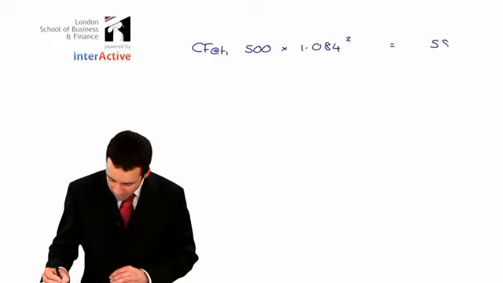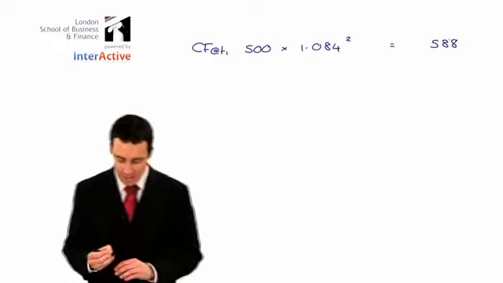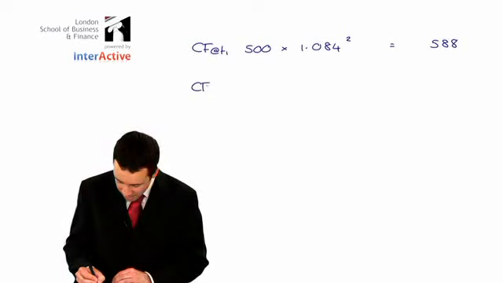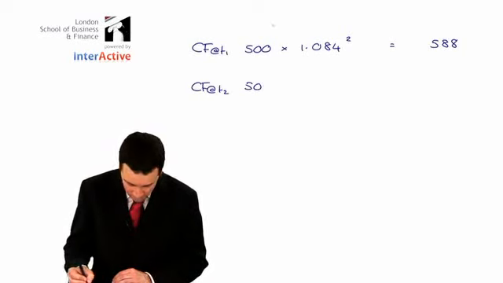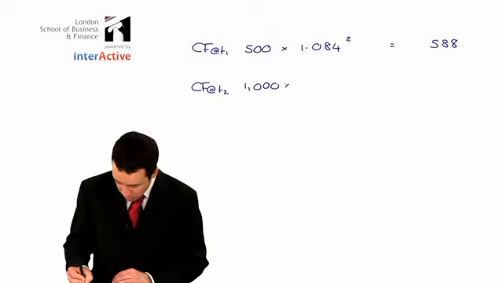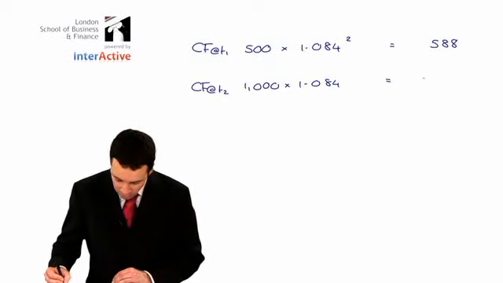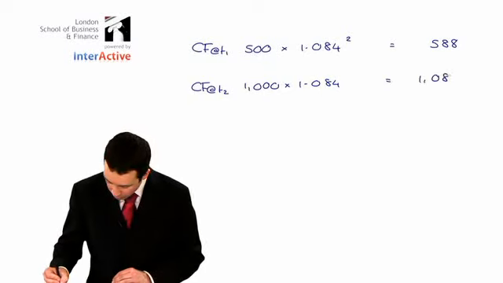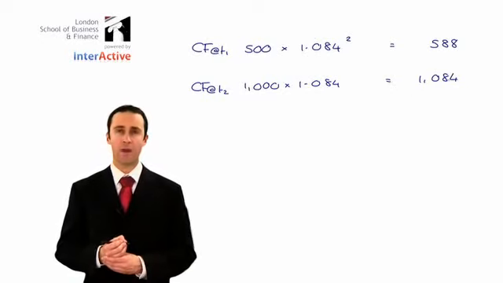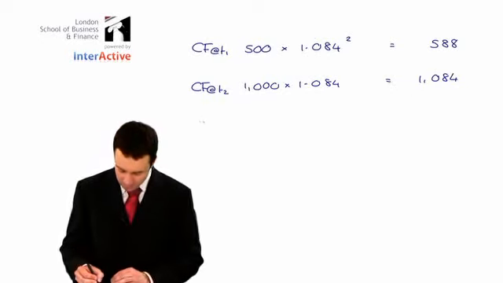So that will generate £588. The cash flow at T2 was £1,000, if memory serves me right, and now there's only 1 year left on the project, so we multiply it by 1.084 for the year.